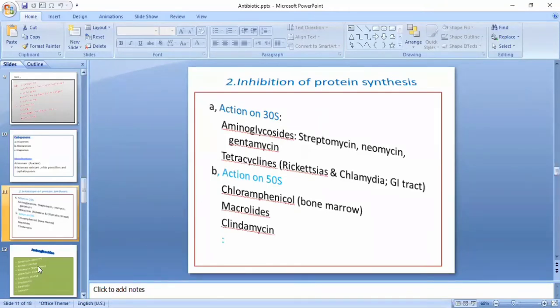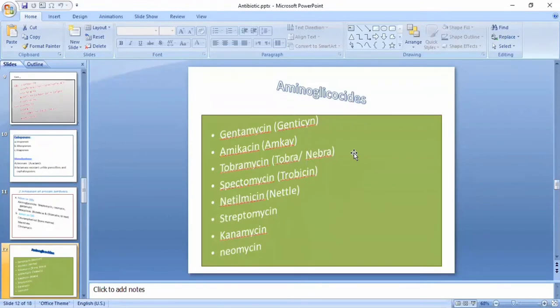So coming to the aminoglycosides, these are very effective against gram-negative bacilli which cause urinary tract infection. You will be well aware of E. coli, Enterobacter, and Klebsiella.